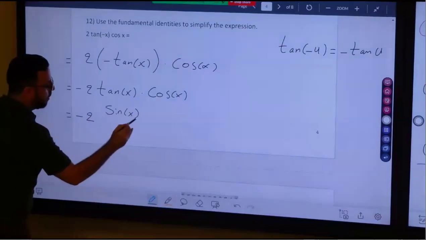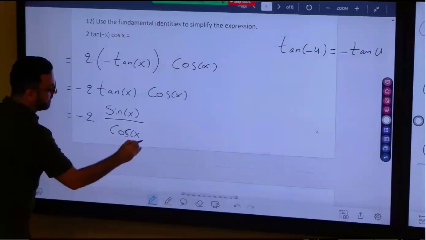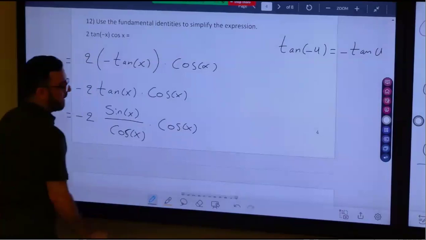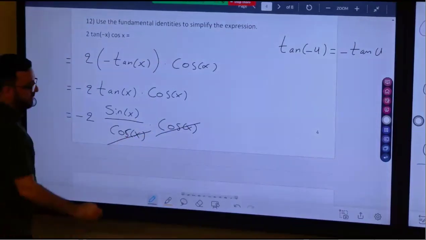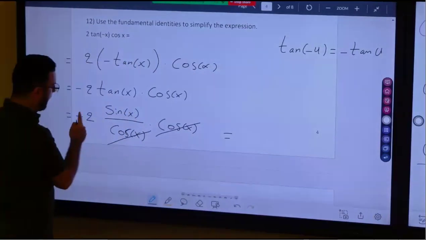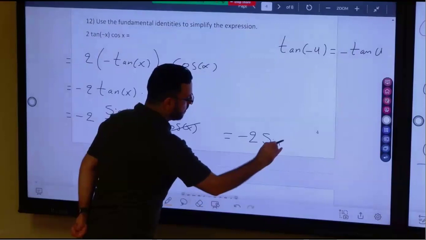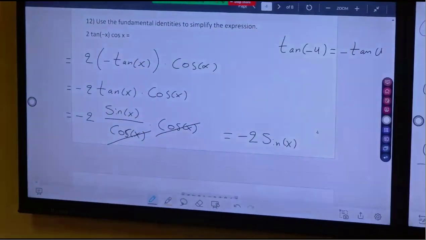Tangent equals sine over cosine x times cosine x. Can I cancel these? So what's left? Negative two.